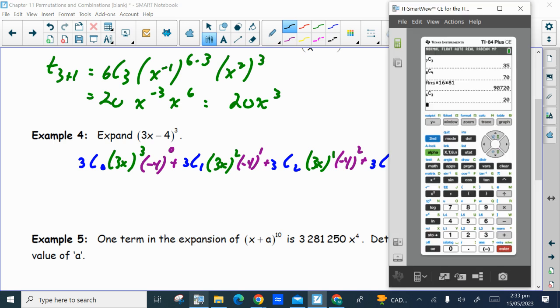So now we can work each of these ones out. 3c0 should be 1.